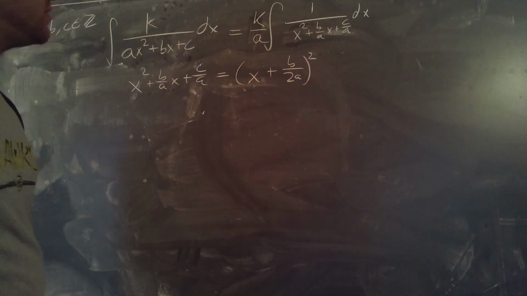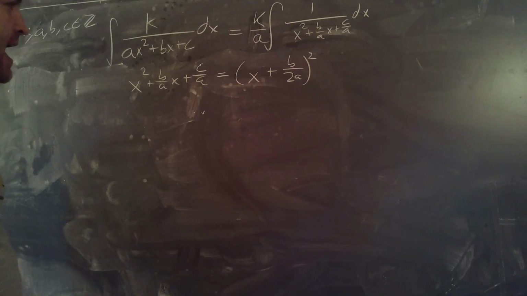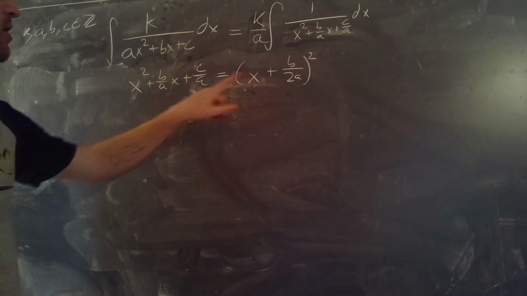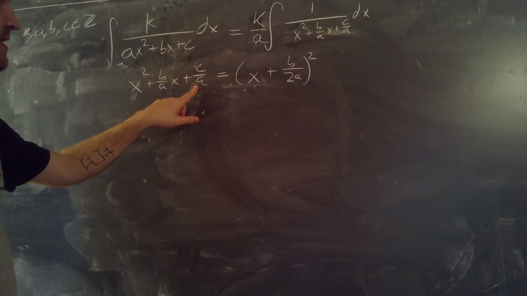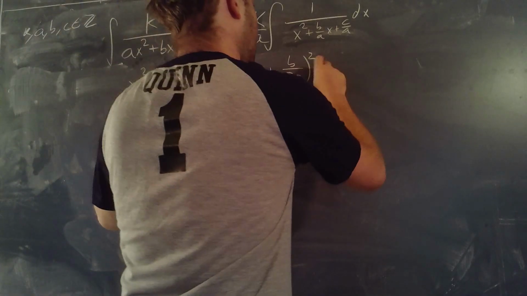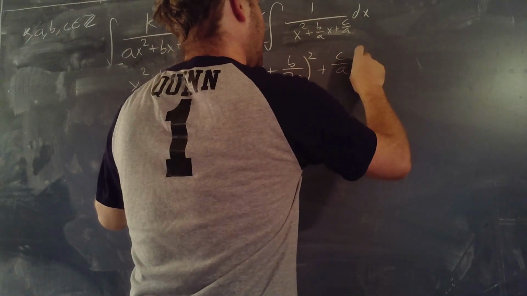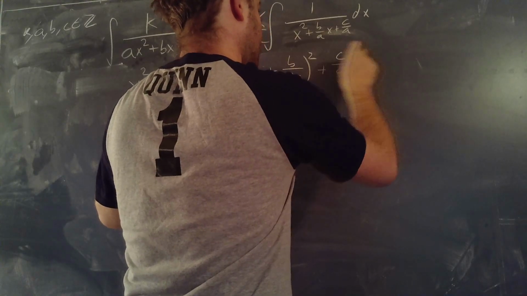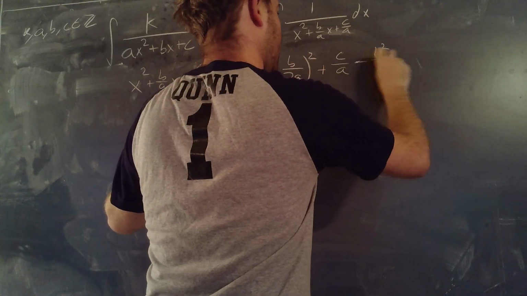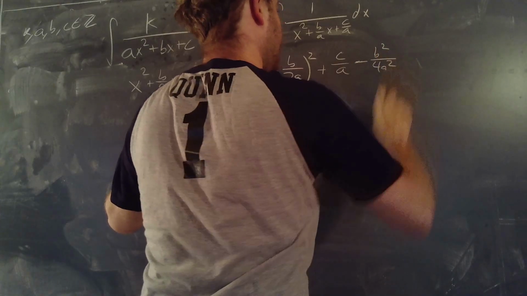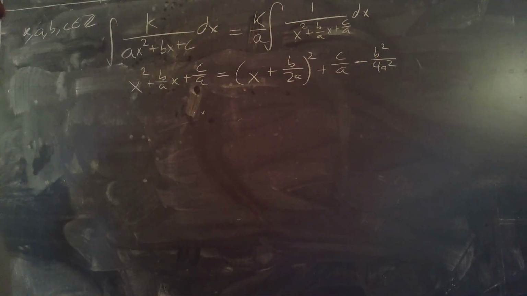And then we had to add and subtract the square of b over 2a to the polynomial, basically adding a version of 0 to get this binomial term. So what we have here is the c over a term, so plus c over a, and then the minus part of the square, which is b squared over 4a squared.